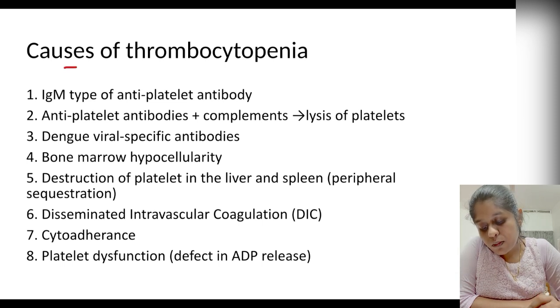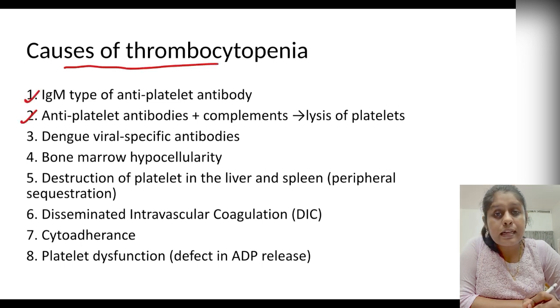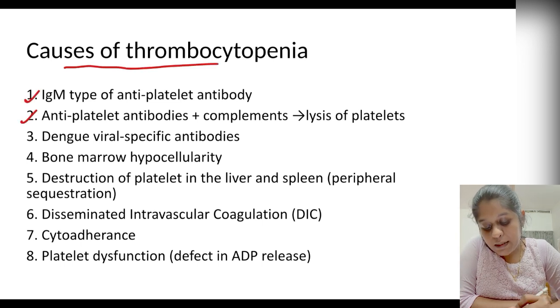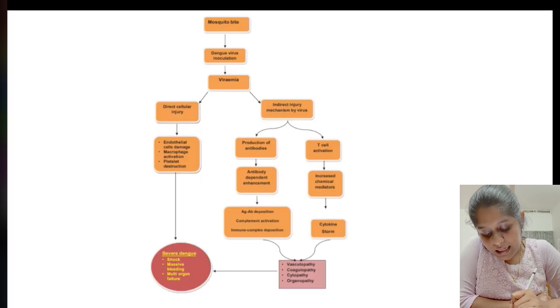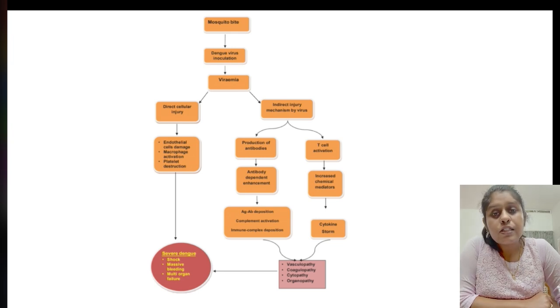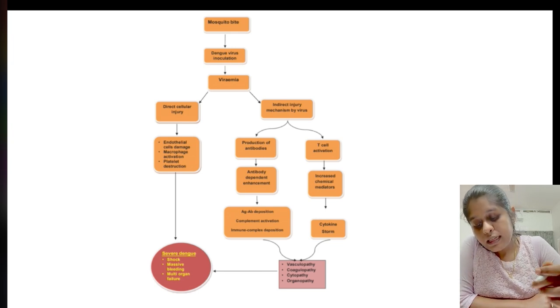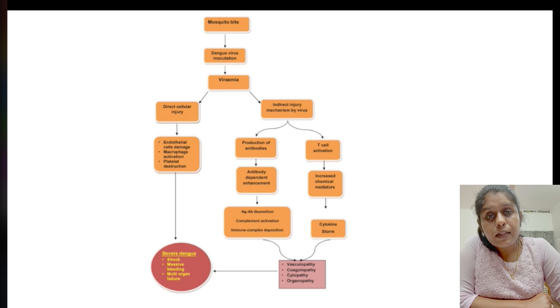The causes of thrombocytopenia include, number one, IgM type of antiplatelet antibodies, antiplatelet antibody plus complement causing platelet lysis, dengue viral specific antibodies, bone marrow hypocellularity, destruction of platelets in the liver and spleen, DIC, cytoadherence, and platelet dysfunction. So here we learn the pathophysiology.